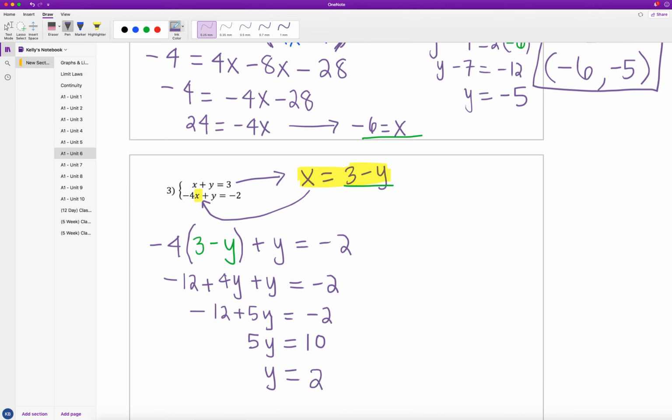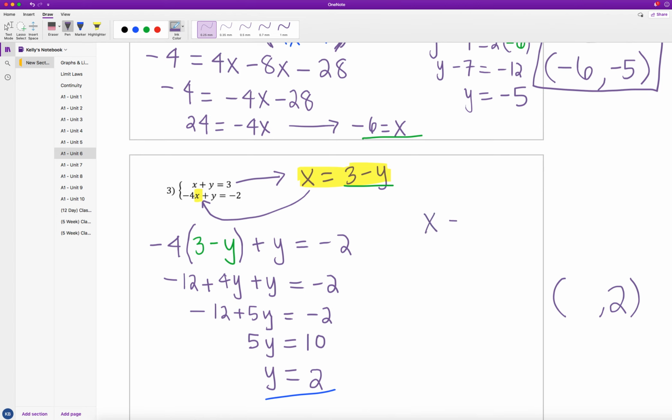Now we're almost done. Our last step is to find our value for x. So I'm going to take this y equals 2 and substitute it into the first equation to solve for our x value. I can also start writing my final answer over here. Since y is equal to 2, then I know that I'll have a 2 in the y spot of my coordinate pair.